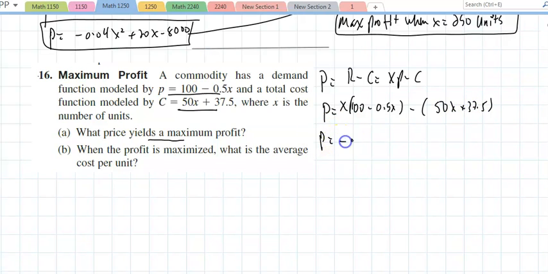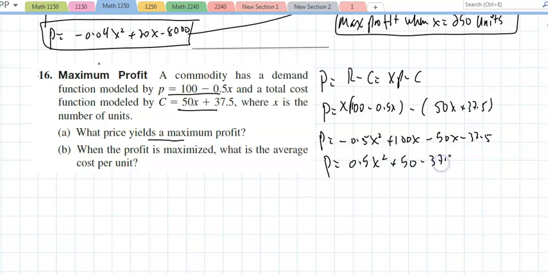So the profit is negative 0.5x squared plus 100x minus 50x minus 37.5, and the profit function will be negative 0.5x squared plus 50x minus 37.5, and you follow the same trend as above. You take a derivative of the profit, that is negative 1x plus 50. Okay, that's simple. Set that equal to 0.